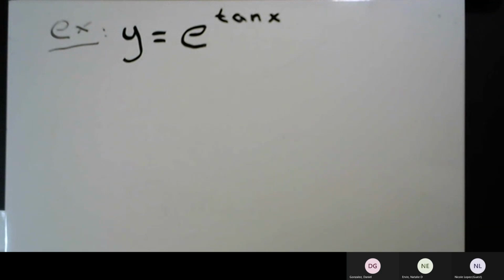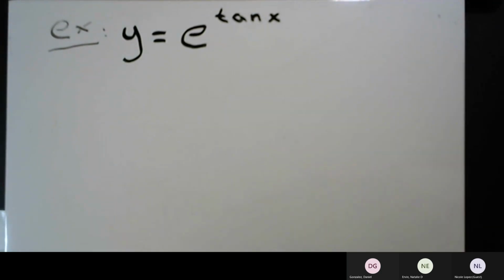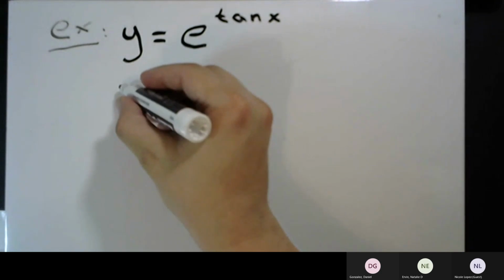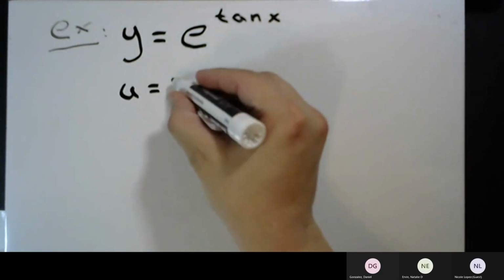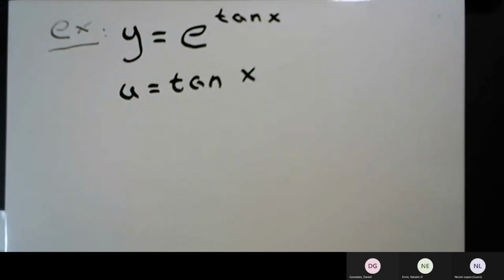Now, again, you're going to want to keep along that little sort of cheat sheet of derivatives, these rules that you're coming up with. And again, these are sort of the formulas for calculus that are going to be very, very key. So what we can say is we can say u is the tangent of x.